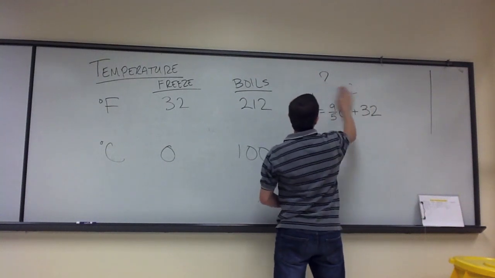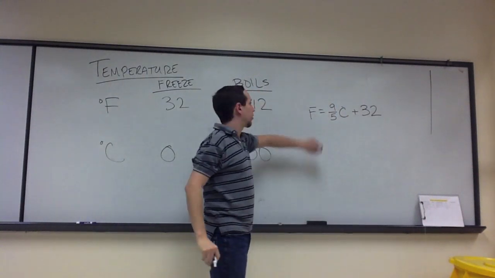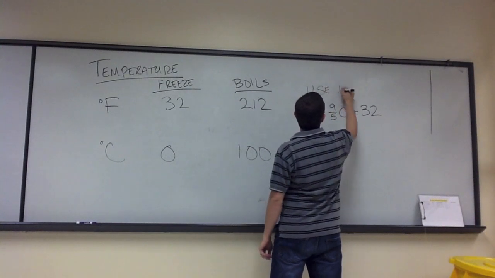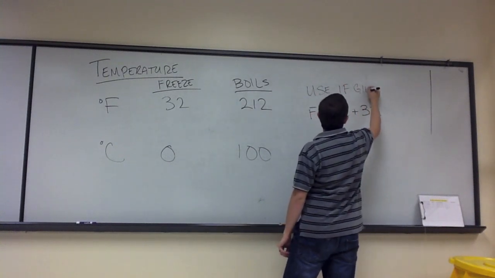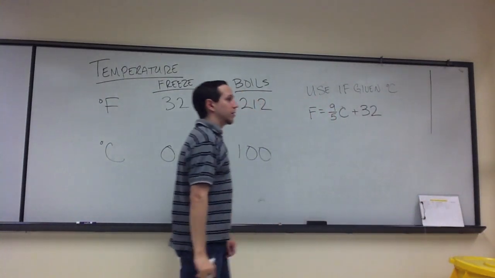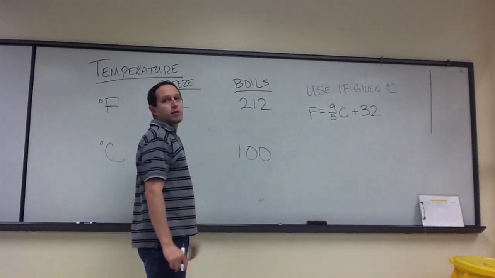All right, so this equation here that I currently have is what I use if my initial number is in degrees Celsius. So I use this equation if I'm given degrees Celsius.